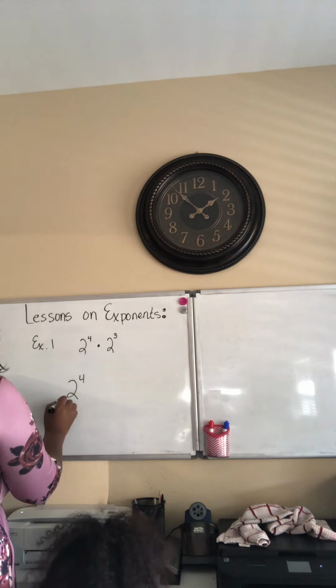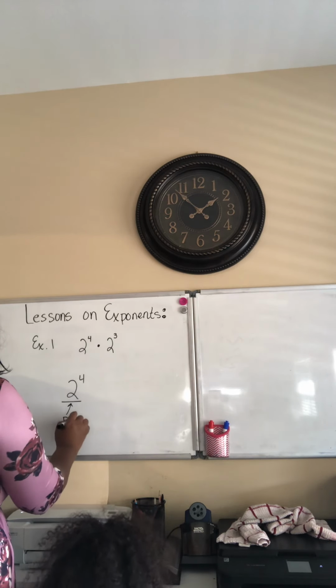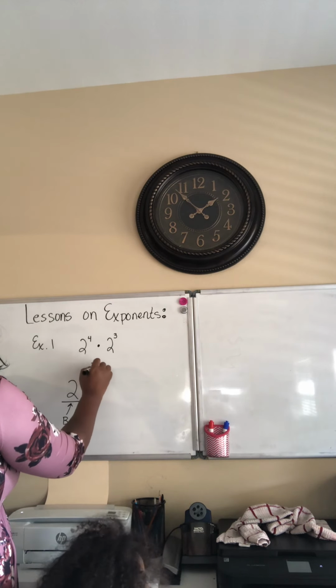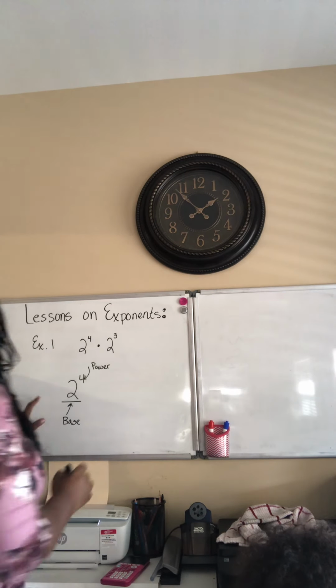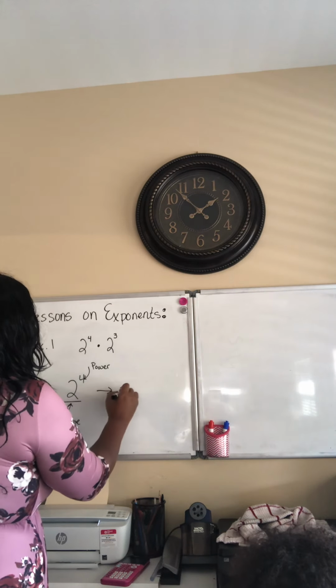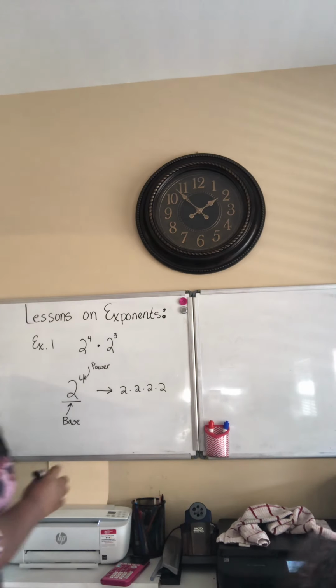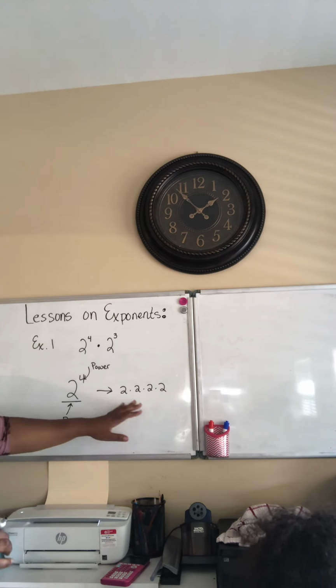So this portion here is called our base. And this number here is called your power. Okay? So remember that 2 raised to the 4th power is the same as saying 2 times 2 times 2 times 2. Please don't touch that. Thank you. I was getting a paper for you. Oh, I don't need any paper. All right, so that's what that's saying.